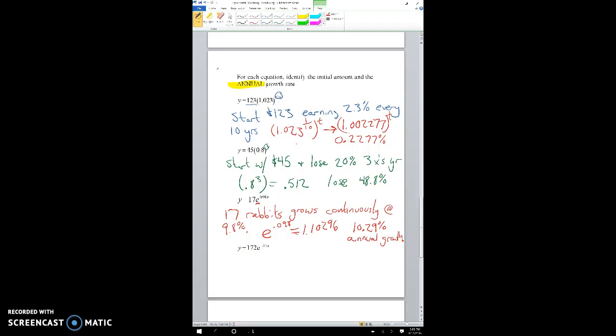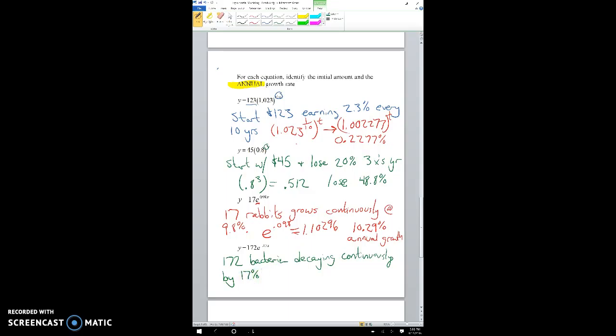The last one, again, I'm starting with 172 bacteria, and the population size is decaying continuously by 17%.